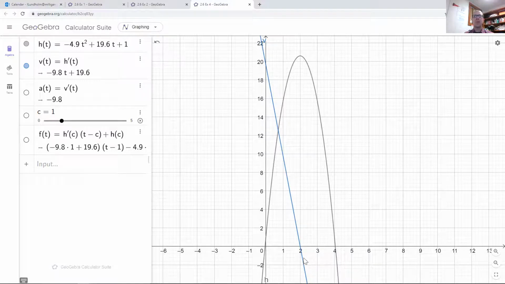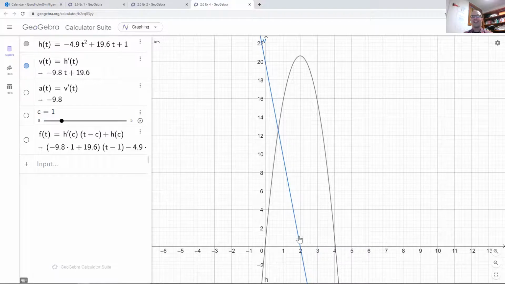But that's kind of cool. One of the things you do see based on this is the initial velocity of the soccer ball. If we put in 0 for t, that would mean the initial velocity is 19.6 meters per second upwards, which is kind of cool to realize.